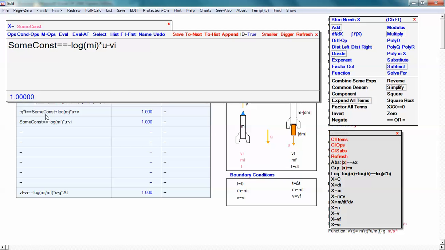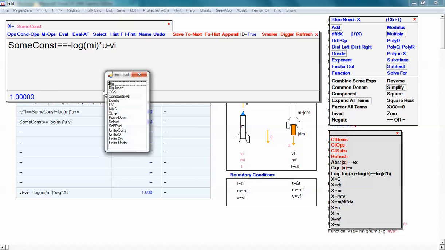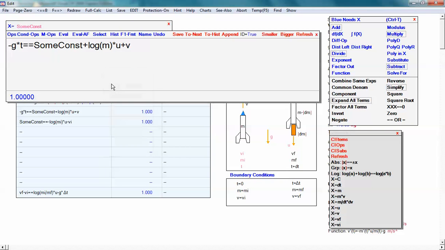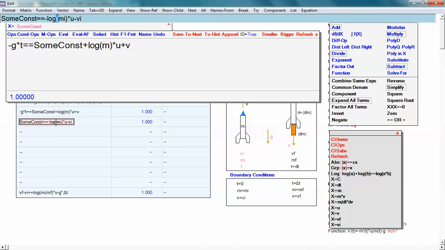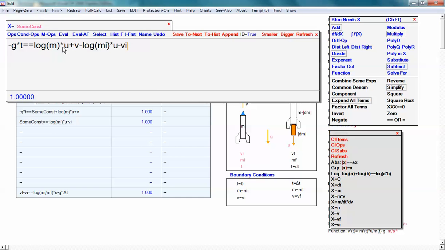Now let's go back to our general formula and make that substitution. So now I have a formula that's true for t and v, so I can actually solve it for v in terms of t. Let's do that.